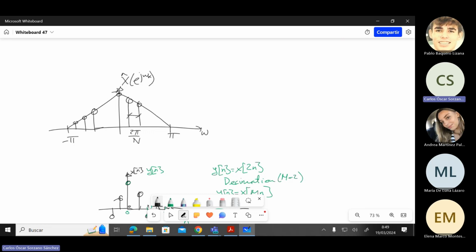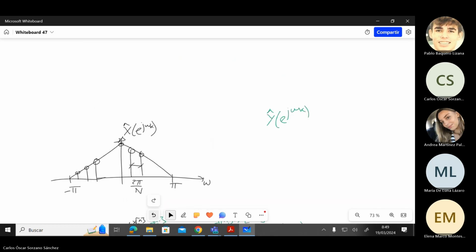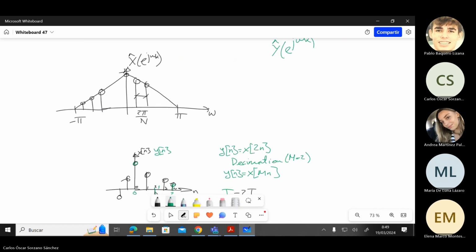Yeah, so now what about the power spectrum of y? You also go from minus pi to pi because it's a discrete signal, and all discrete signals always go from minus pi to pi. And now it is longer.